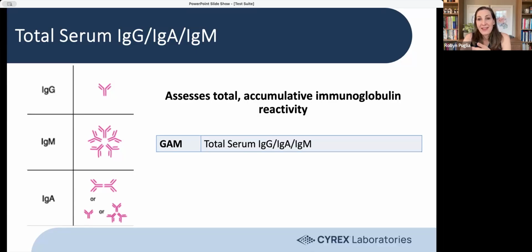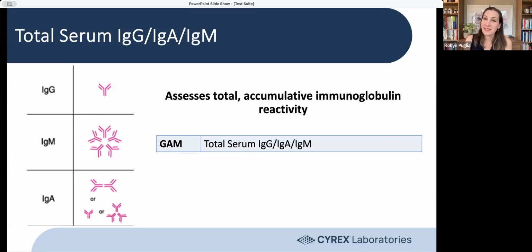And it's important to understand that anybody with a chronic inflammatory or autoimmune condition can naturally have suppressions or elevations of any or all of the antibodies, IgG, IgA, and IgM, as a feature of their illness or of their immune system dysregulation. But this also helps us to assess immune response in a patient who has been taking any type of prescribed or over-the-counter medicine that has the ability to affect the immune system.